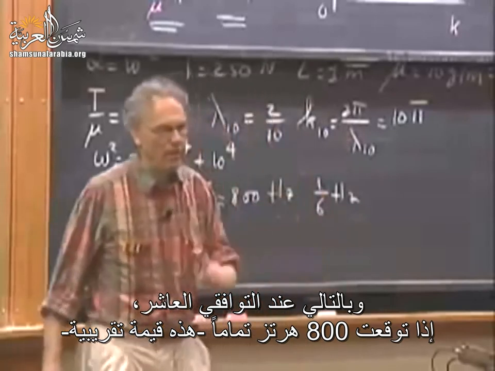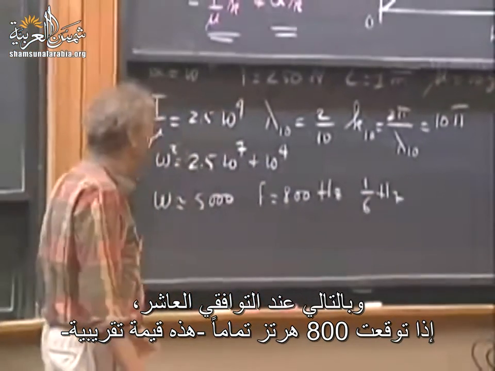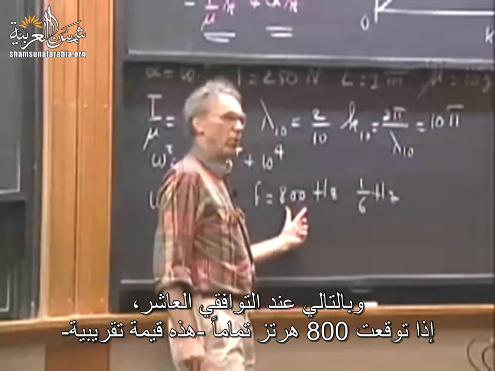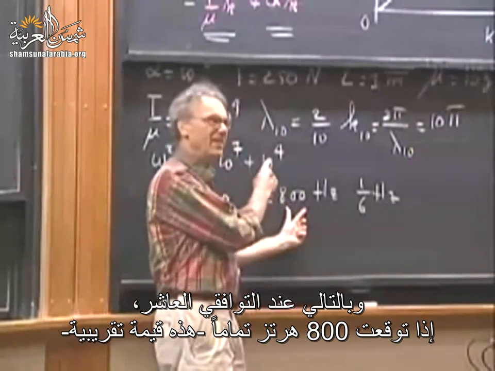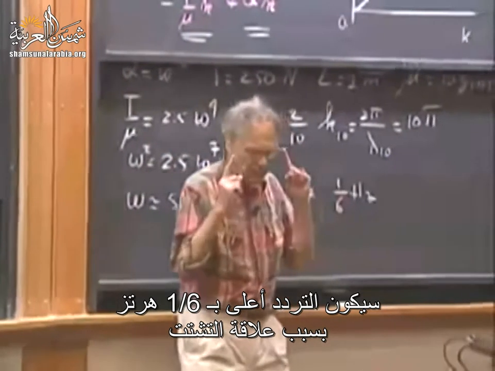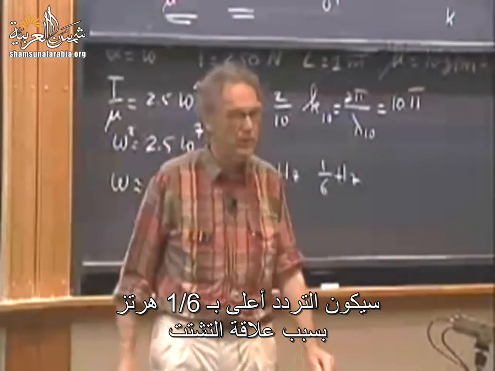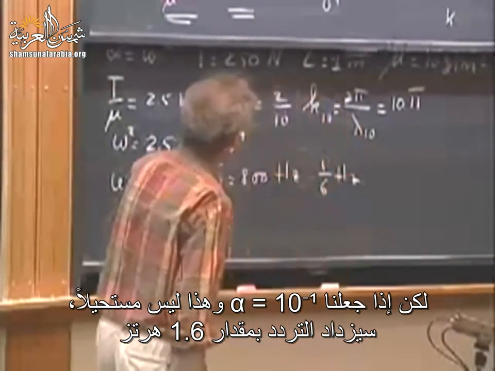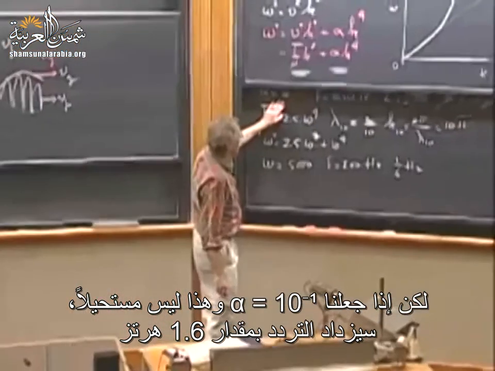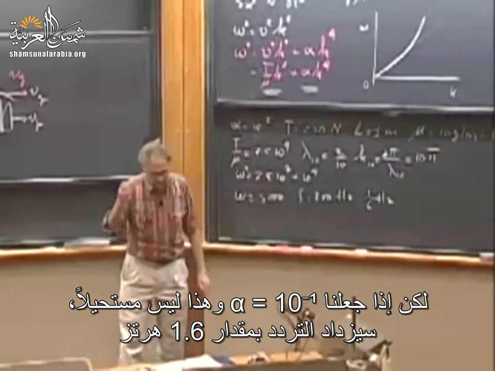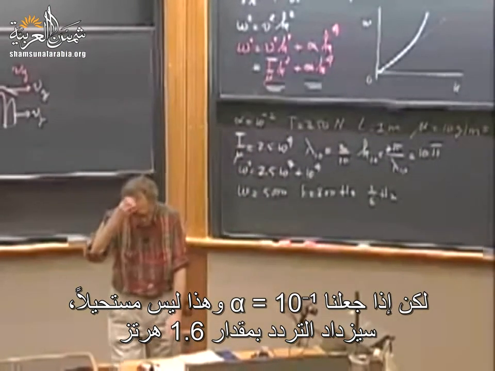So at the 10th harmonic, if you expected exactly 800 hertz, which is a round number, then it will be 1/6 of a hertz higher because of the dispersion relation. But if you make alpha 10 to the minus 1, which is by no means impossible, then it would go up by 1.6 hertz.